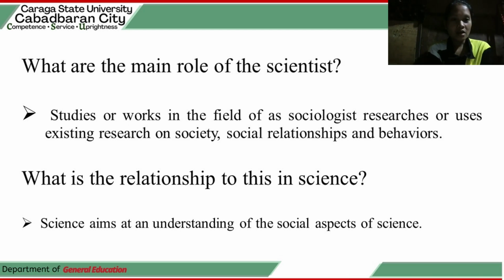Science aims at an understanding of the social aspects of science. It comprises research about the social structure of the institutions of science and their relationships to other institutions, as well as the influence on and construction of scientific knowledge.